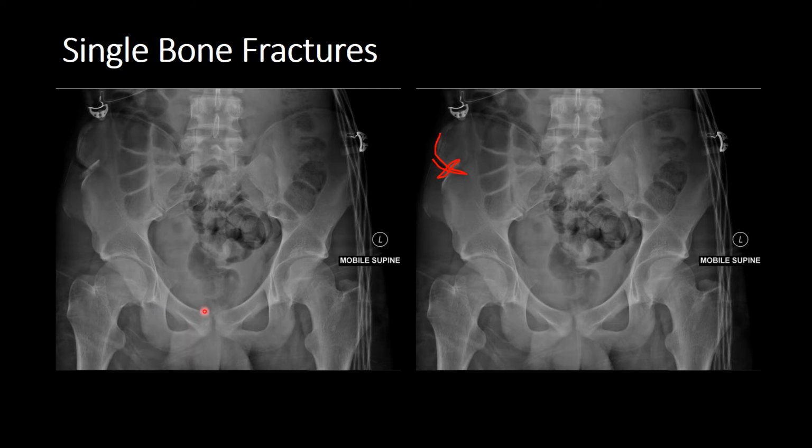You want to make sure that your symphysis pubis is no more than 5 millimeters. And whilst you may get a step of 1 or 2 millimeters at the symphysis pubis, which is normal, any more than that becomes an abnormality.